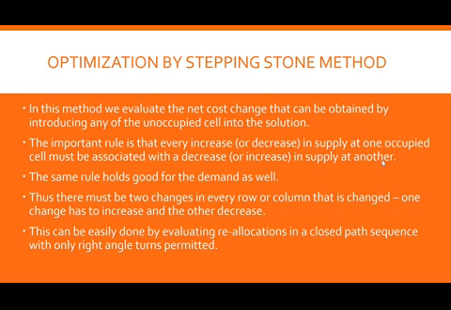If at all I consider only row wise, then one increase should be supported by an equivalent value decrease in the same row. If at all I am decreasing in the first place, an equivalent amount increase should happen in the same row. The same rule holds good for the demand as well. That means to say in terms of columns.